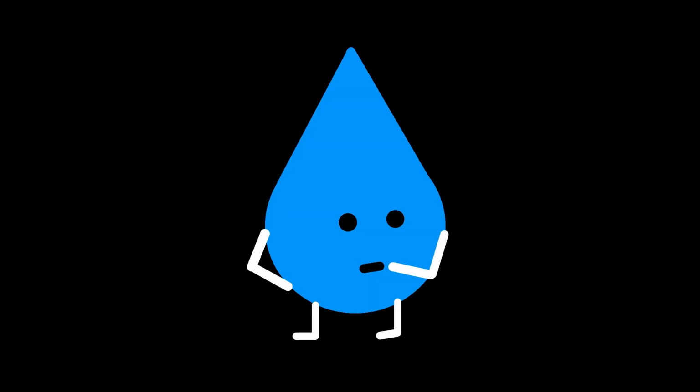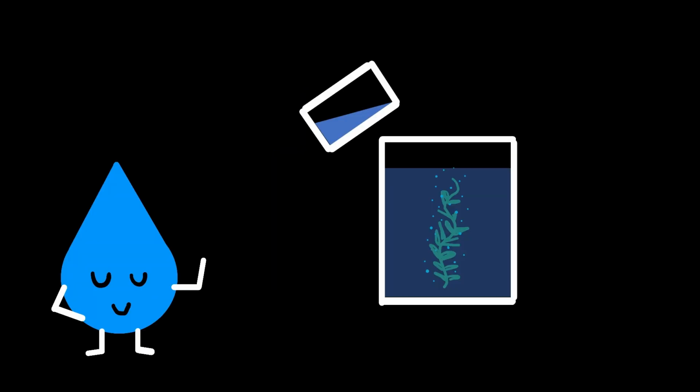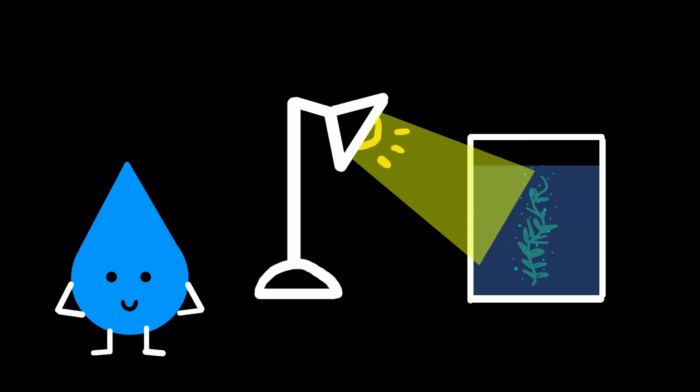Give me some ideas. You can do a similar experiment, but instead of changing carbon dioxide concentration, you can change light intensity by varying the distance of the lamp to the plant.